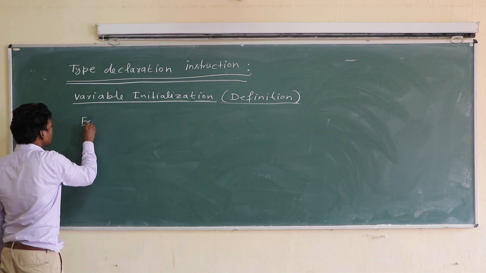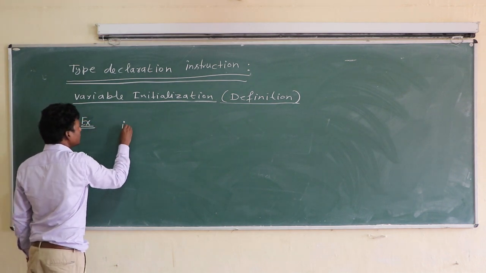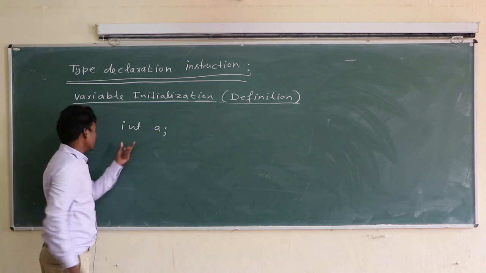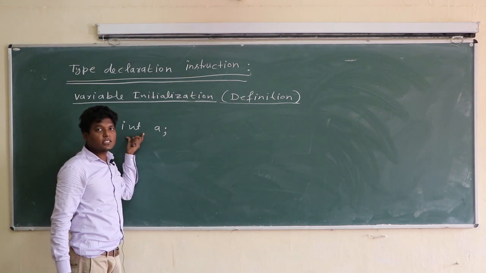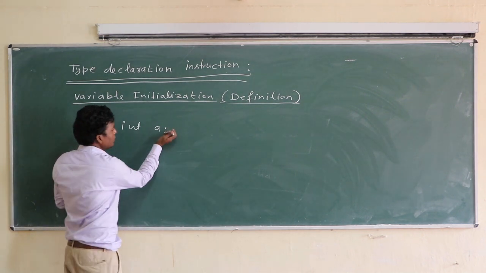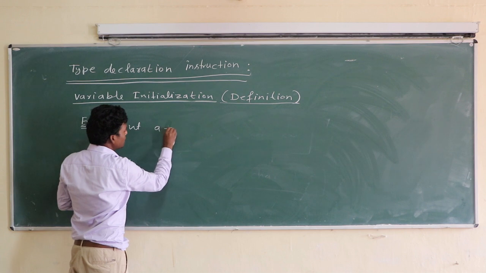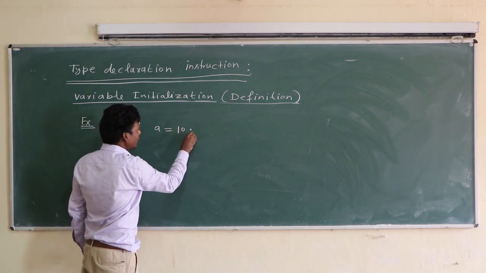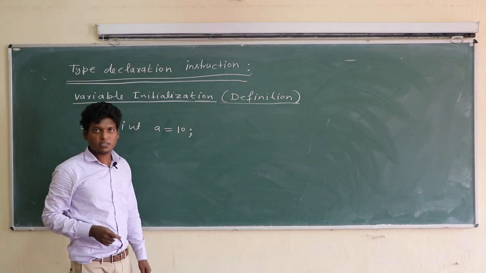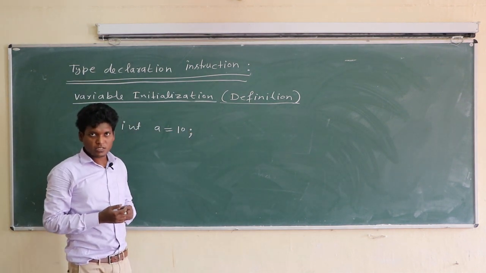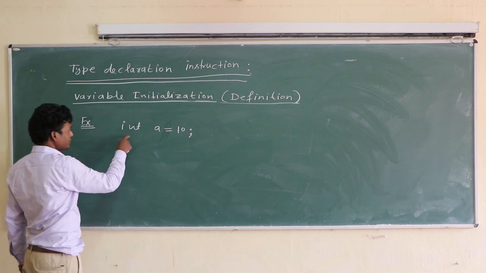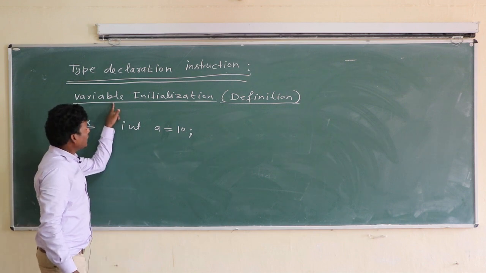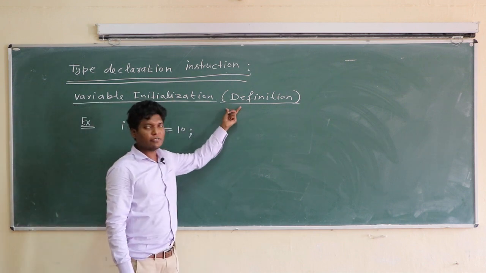Example, int a. This is a variable declaration. When you assign a constant to that variable, then it becomes variable initialization, also called variable definition. So int a = 10 is a variable initialization or variable definition.